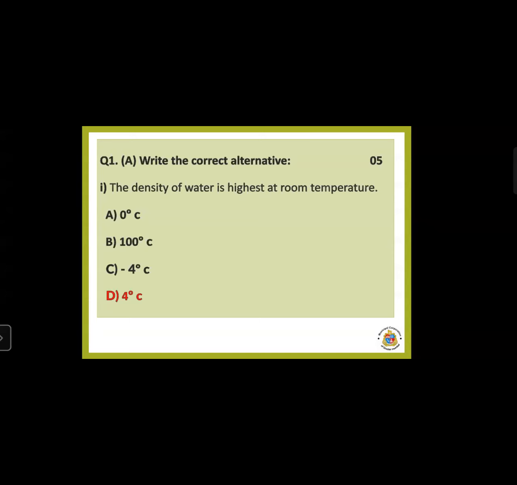We know the density of water is highest at 4 degrees Celsius. So the answer to this MCQ is 4 degrees Celsius.